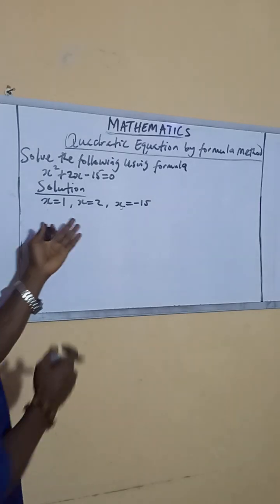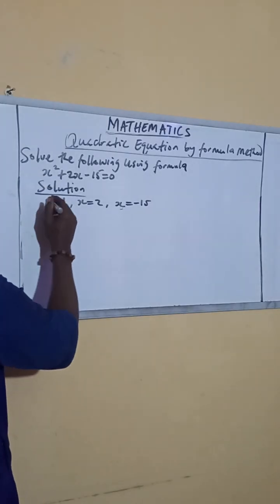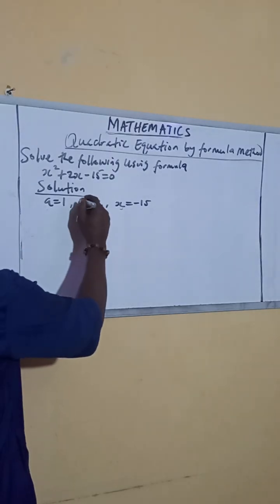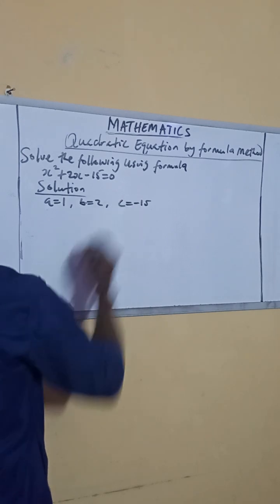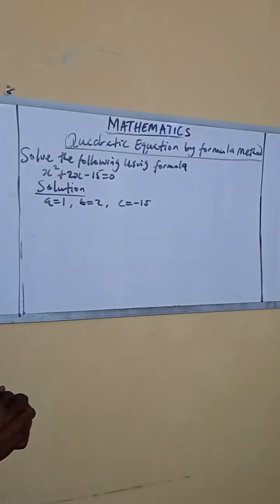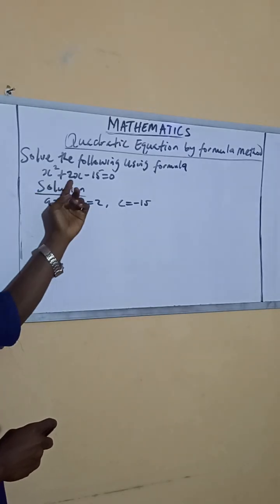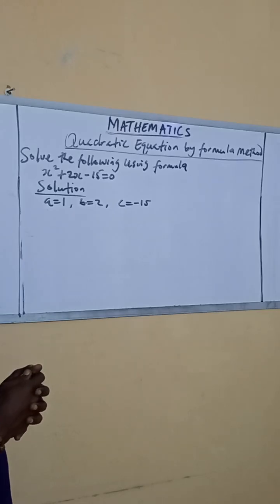So this X squared here is automatically A, this particularly is B, and this is particularly C. I'm sure you guys see what I did. So that means this is A, this is B, and this is C.